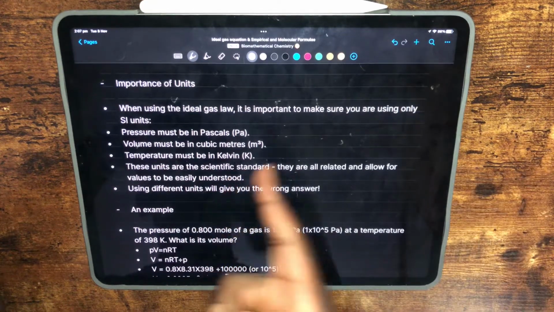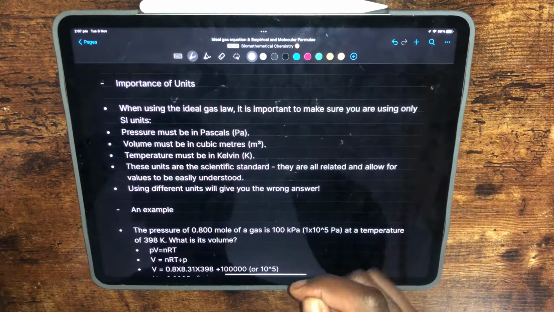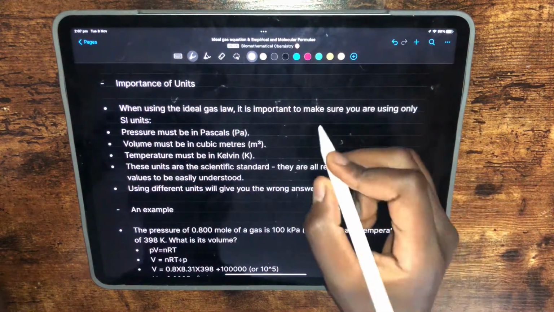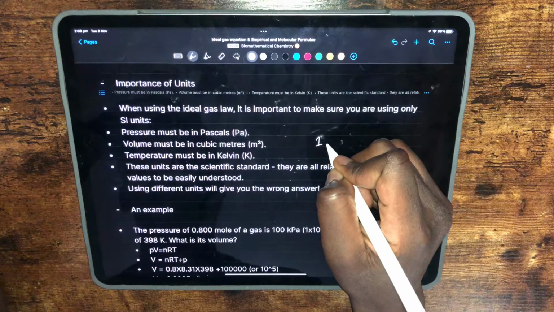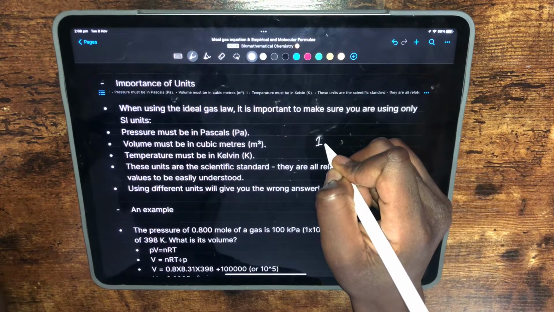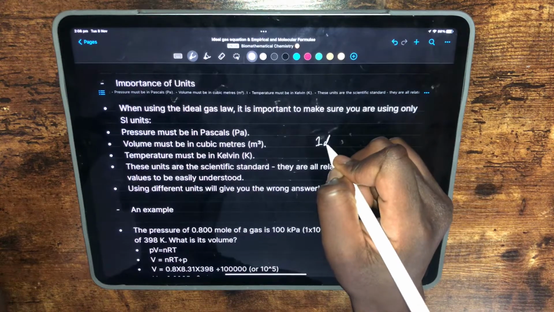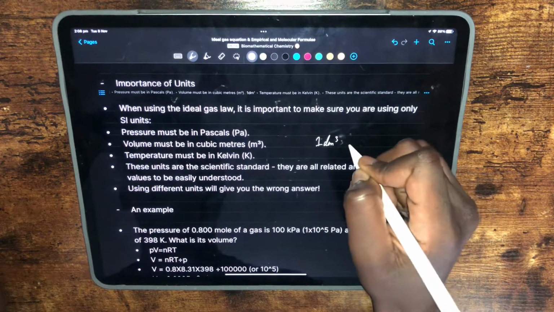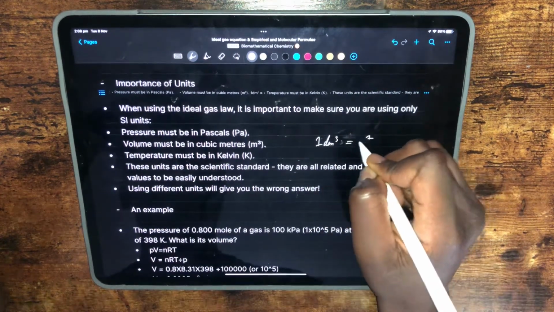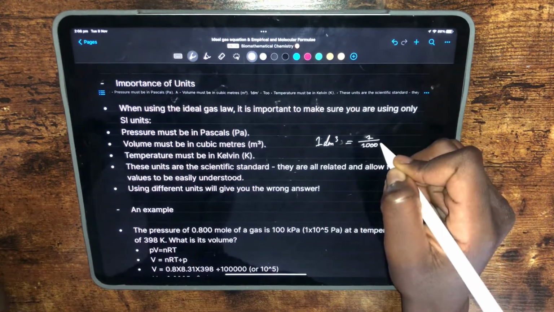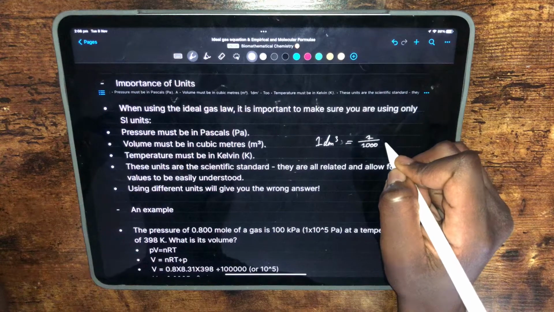Usually in chemistry you get decimeters cubed, and 1 decimeter cubed is equal to 1 over 1,000 meters cubed.